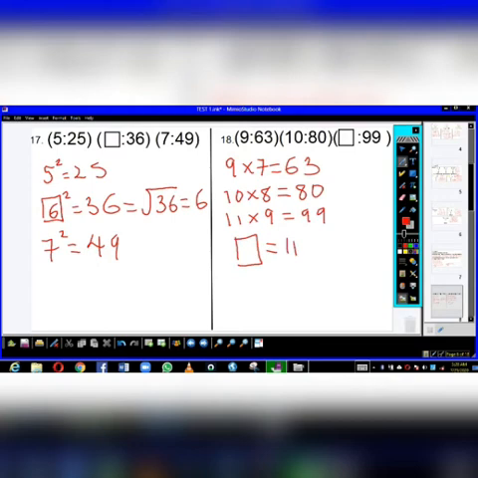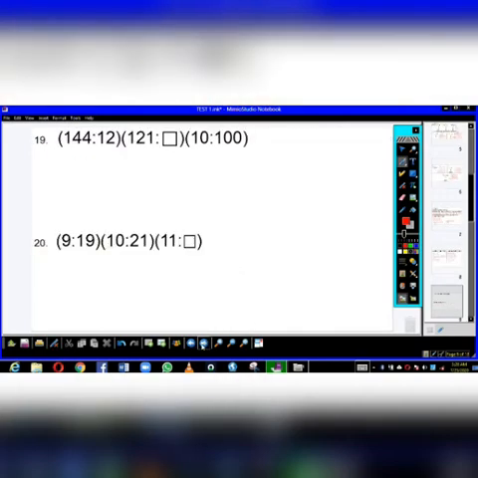Okay, now let's proceed to number 19. Here we are still going to find the square roots of the first numbers in the brackets. Here we're going to find the square root of 144, and that will give me 12.